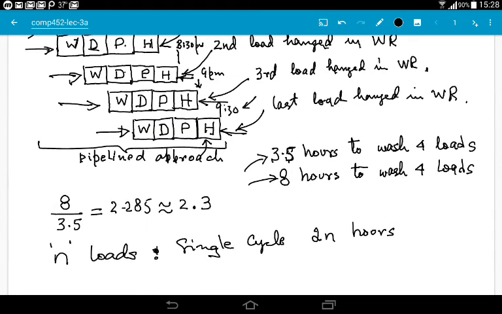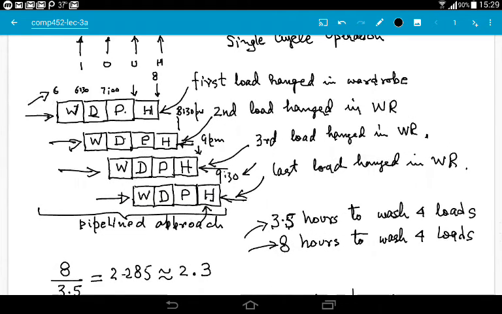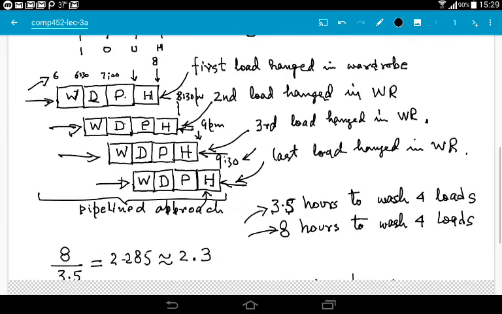Now we want to write an equation for a pipelined approach. So look, the first load took 2 hours to wash. First and second both combined took 2.5 hours. First, second and third took 3 hours. First, second, third and fourth took 3.5 hours.